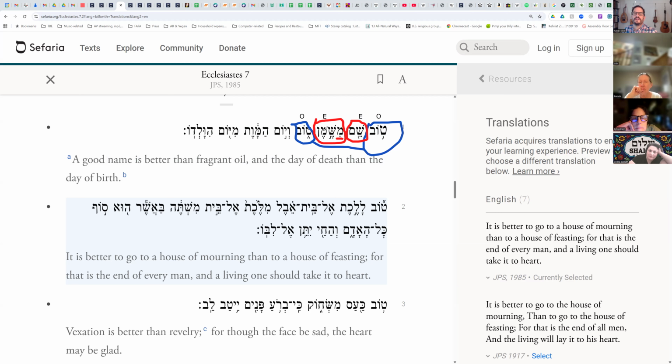So Shemen means oil, and Shem means name. To my knowledge, there's no grammatical link between Shem and Shemen. They just happen to be this way. I think the root for Shem might be Shin Mem Mem, not Shin Mem Nun. That would be very strange.